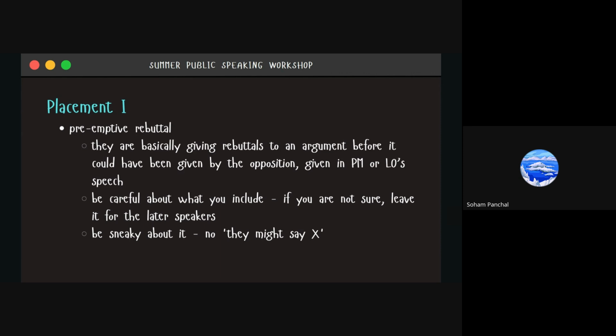If the motion is the house would ban social media, then if you are government and you are very sure that the opposition would come up and say that it helps connect the world or something like that, then you could easily say that social media helps to connect the world, as the opposition case would be.